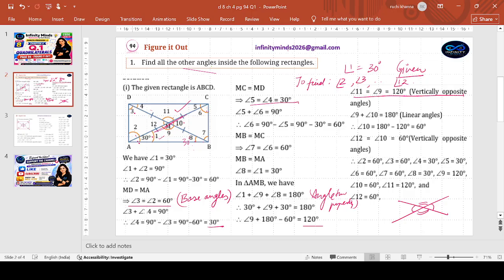So that is also done. And once 10 is done, 12 can of course be found either as vertically opposite or linear pair to 9 or 11, or vertically opposite to 10, either of them. So in the end, you could write the measure of all of these. Clear, students?